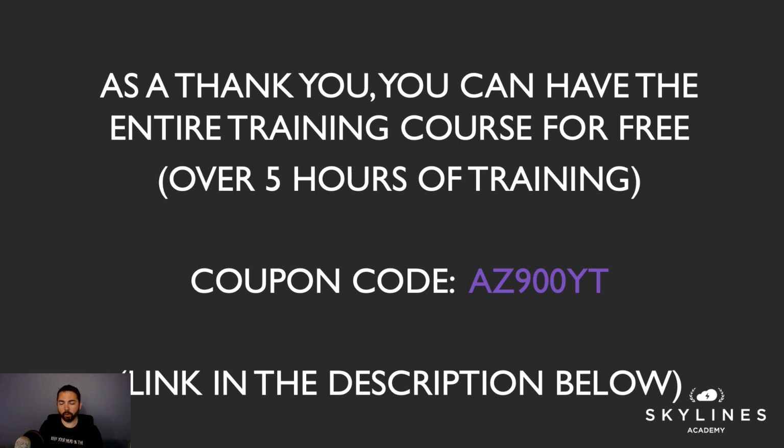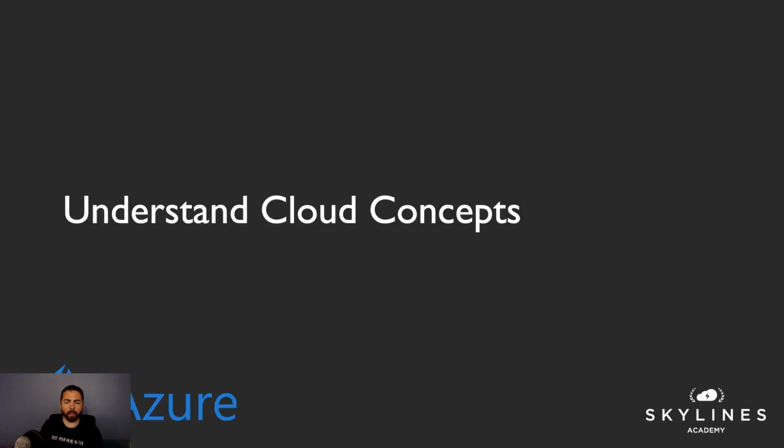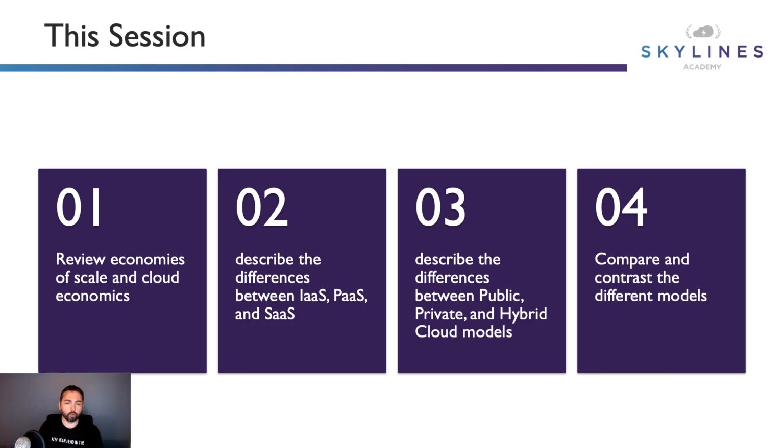And obviously you still have these sessions as well where I'll continue to give you some additional information around the topics. So with that, let's continue our journey on understanding cloud concepts. And what this session is going to cover are the following 4 things. 1, we're going to do a quick review of economies of scale and cloud economics that we covered last time, and we hit Opex and Capex. I just want to go over a few things there that I wanted to add based on some student feedback.